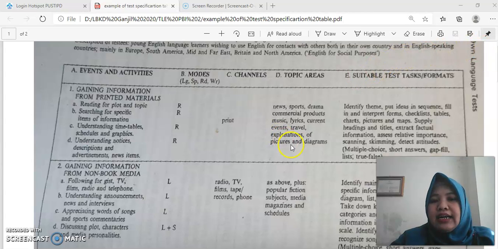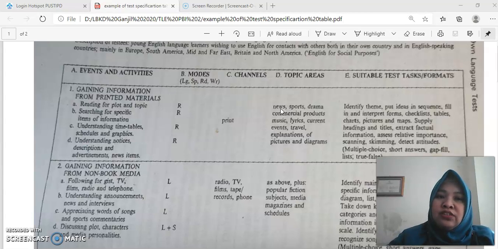And the topic area, if you want to test school students here in Indonesia, once again, you have to cross-check the syllabus.